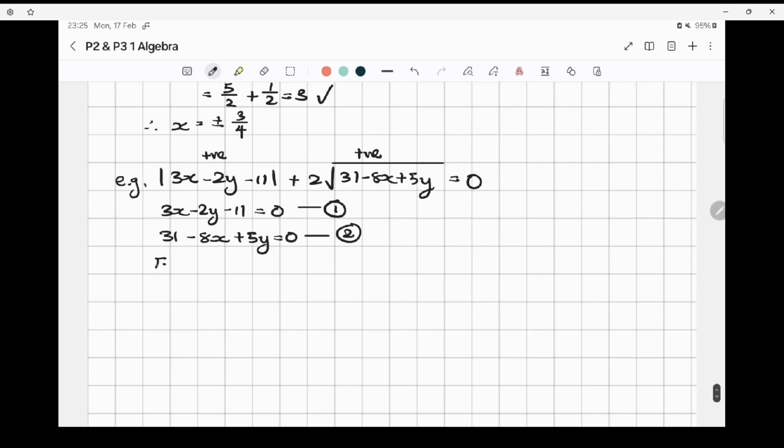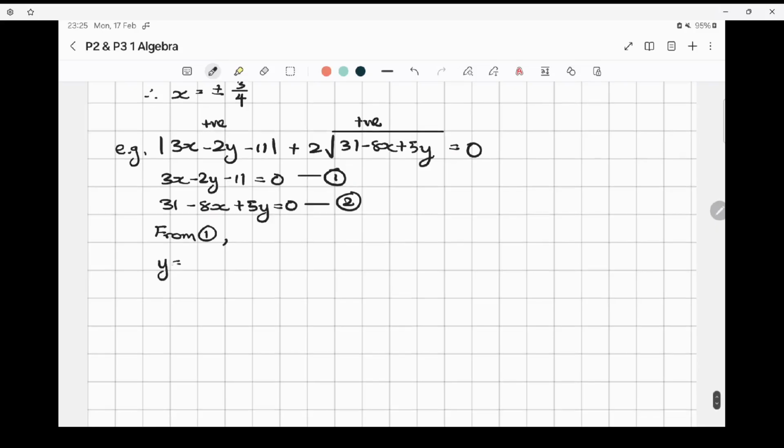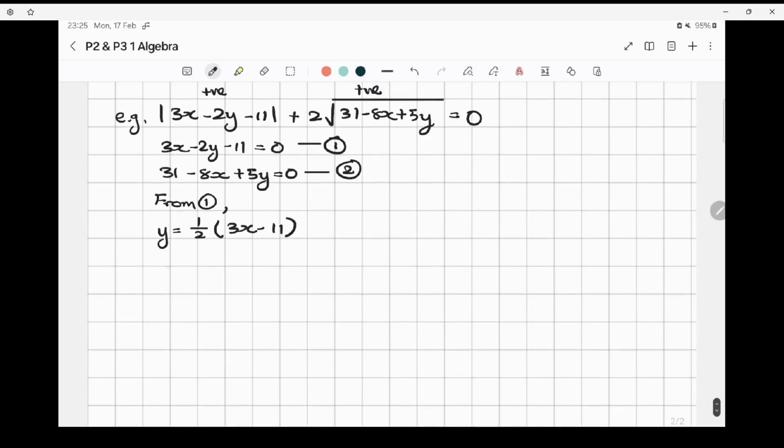So from the first equation, y equals 1 over 2 times 3x minus 11. So you substitute this into equation 2. So you have 31 minus 8x plus 5 times 1 over 2 times 3x minus 11 equals 0.